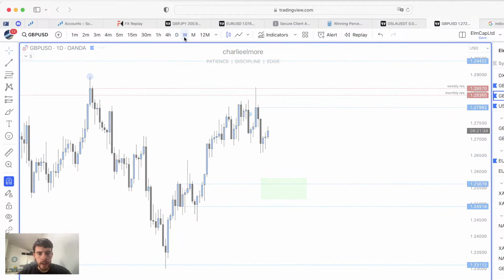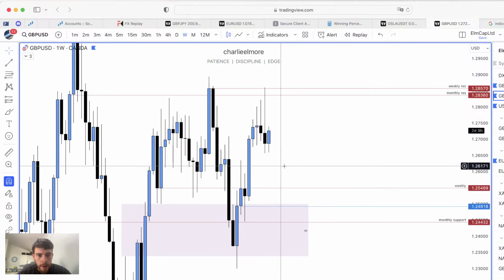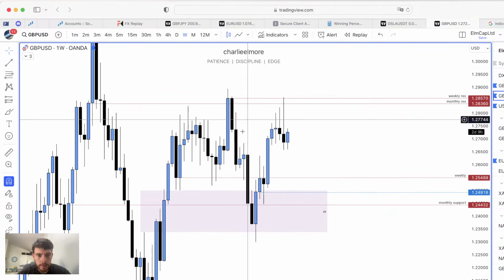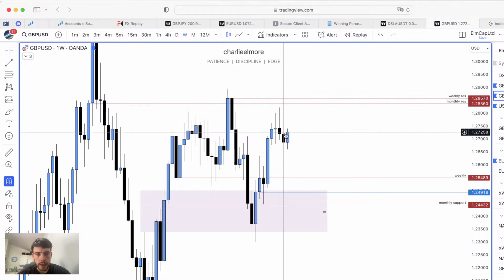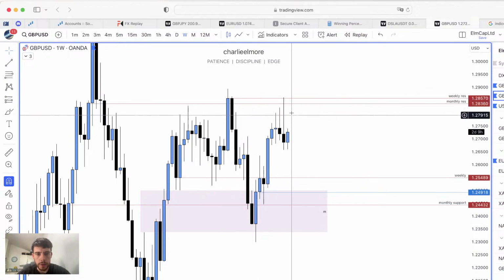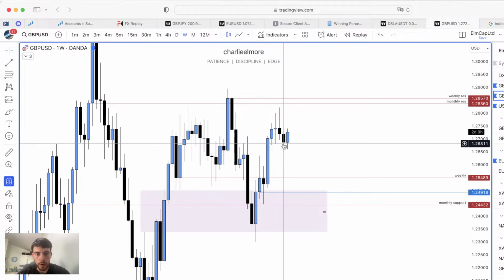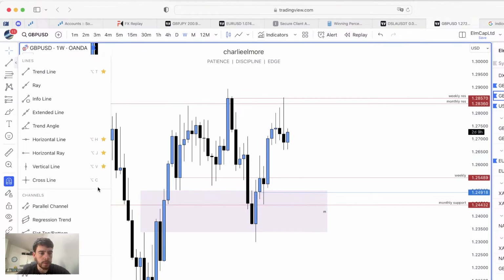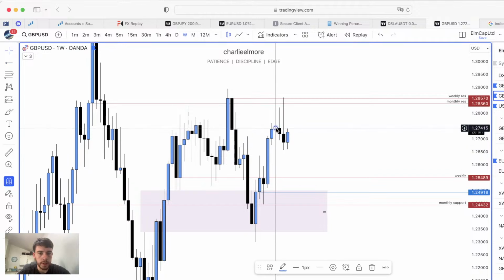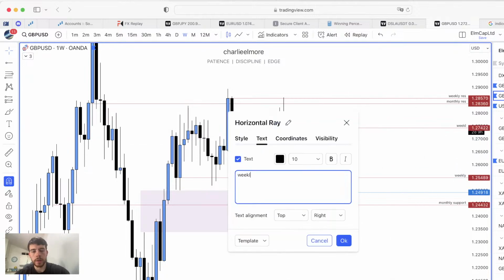Going on the weekly, if we just have a recap on the weekly time frame. This bearish candle coming out of this high last week, tapped into there and then closed bearish. What we could potentially react from once more is this. Be interesting to see what we actually do at this point. So I'm just going to label this.